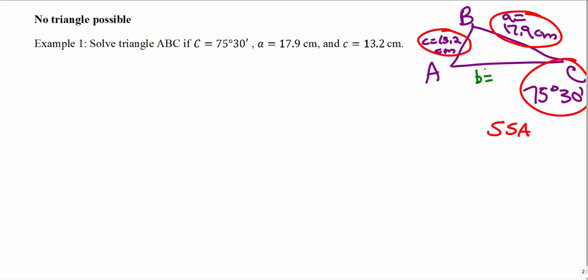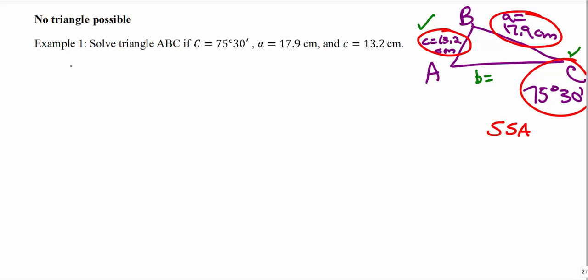Okay, so we're going to set up our equation using the law of sines. We want to be careful to remember that when we are setting up our equations, one of the fractions has to have all of the knowns filled out, and the other fraction has to have only one unknown. So we notice that we know side C and we know angle C, and this is the only letter that we actually know everything about.